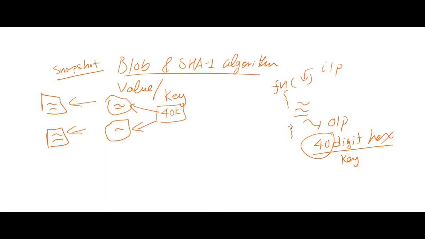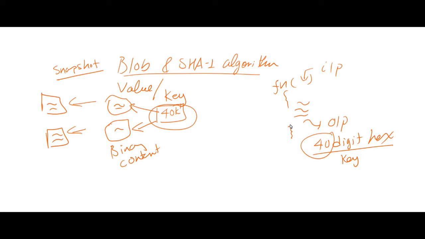Within the .git folder of the Git directory, we can see a bunch of folders, and within those folders there are files. The file name is this 40-digit hexadecimal value, and within the files there is binary content, which is the result of those original files.